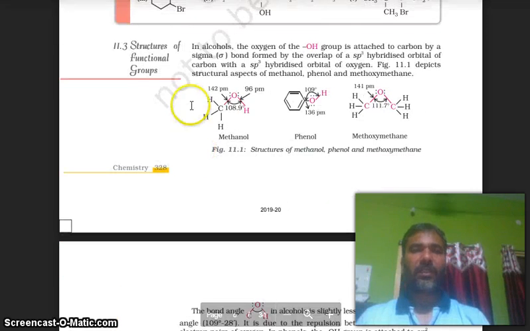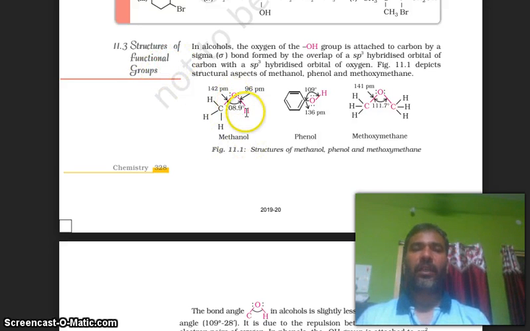Practice it. Now structure and function of functional groups. This oxygen is attached with hydrogen on one side, and carbon on the other side. The bond length of OH is 96 pm and the bond length of carbon and oxygen is 142 pm, and the angle is 108.9 degrees.